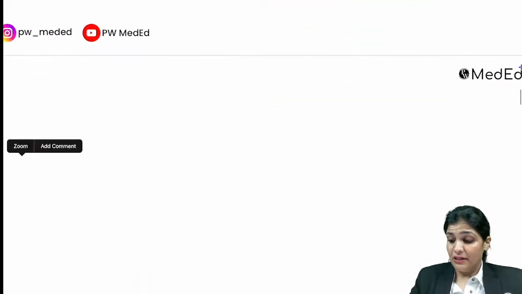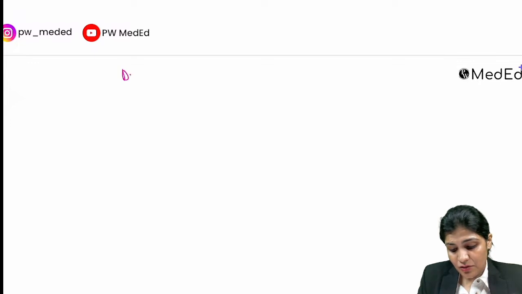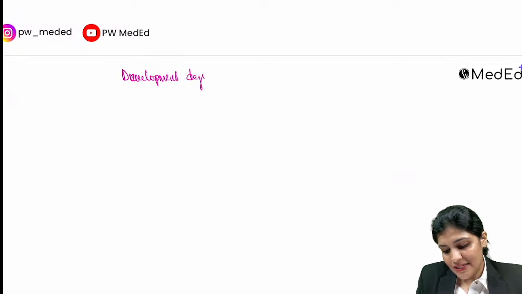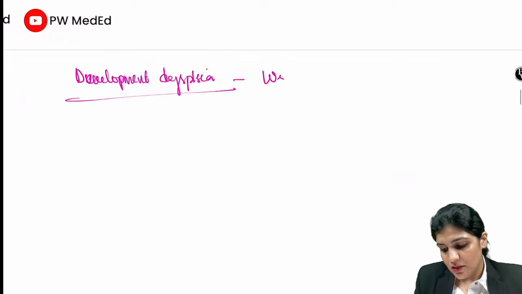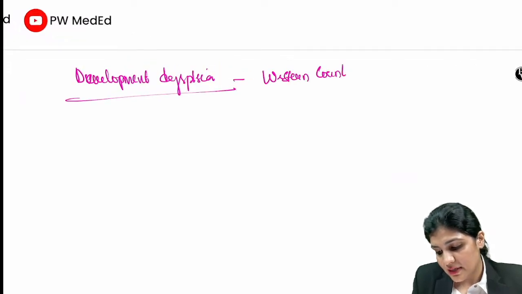DDH we have discussed yesterday. This is developmental dysplasia, mostly seen in the Western countries, right? And what are those risk factors?